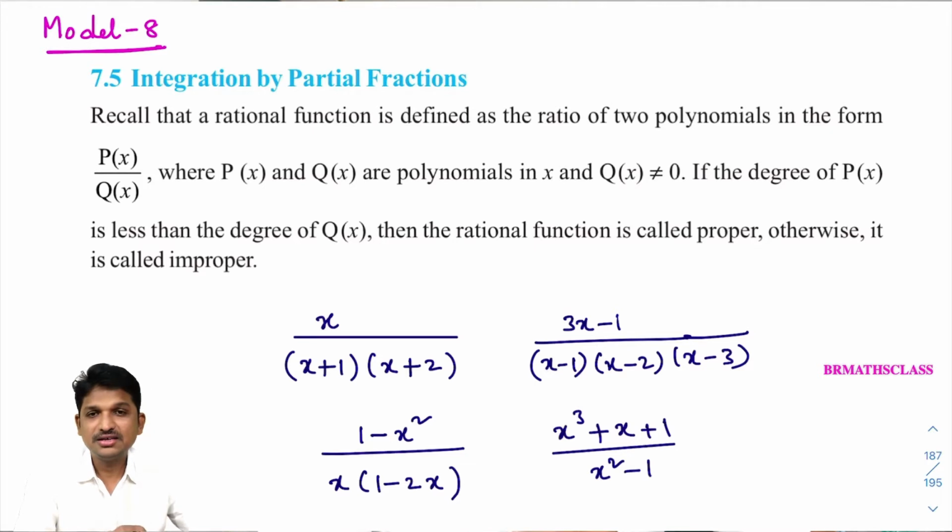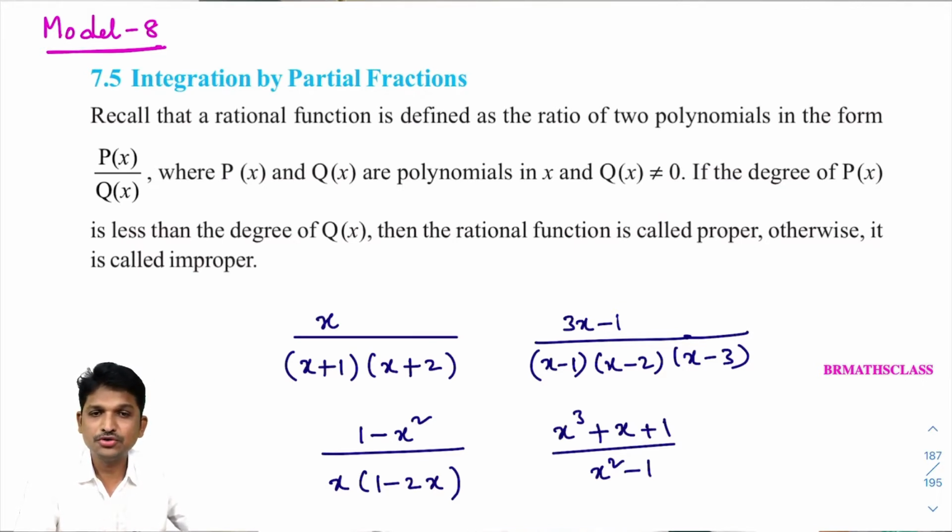In integration by partial fractions, a total of 4 types of problems are there. First one, when the denominator contains non-repeated linear factors, how we write that rational function into partial fractions. Second one, when the denominator contains repeated linear factors, how we write that rational function into partial fractions. Like that, a total of 4 types are there.